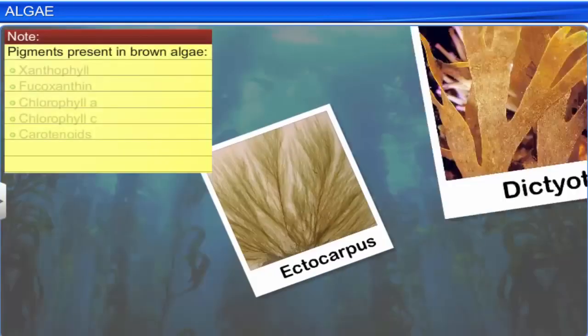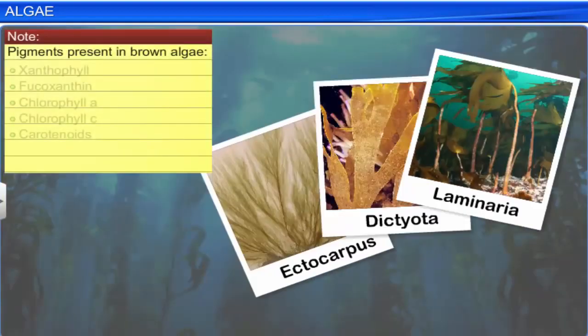They also vary in color due to the varying concentrations of the pigments xanthophylls and fucoxanthin. Apart from these pigments, chlorophyll A, C, and carotenoids are the other major pigments found in brown algae.